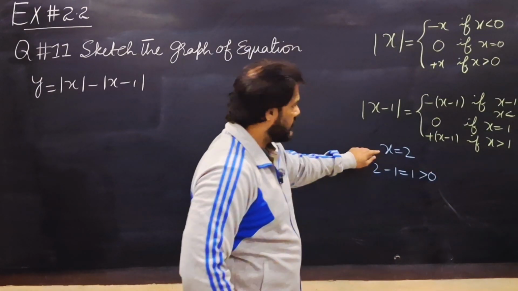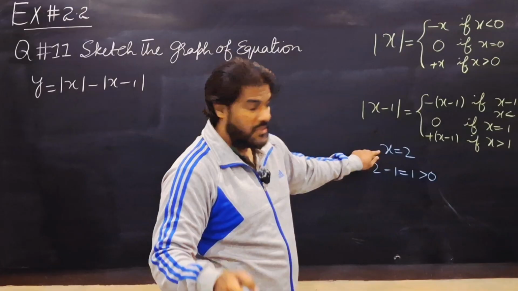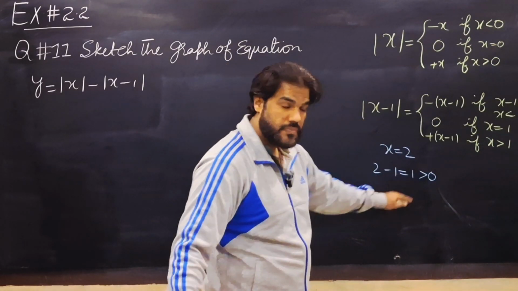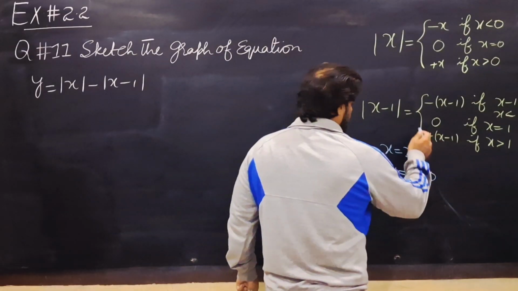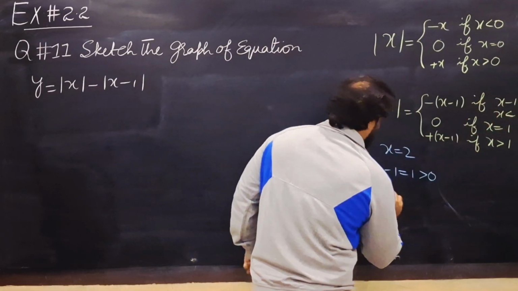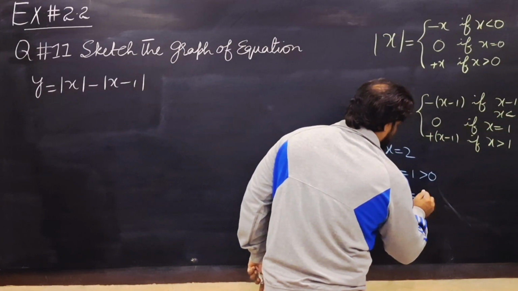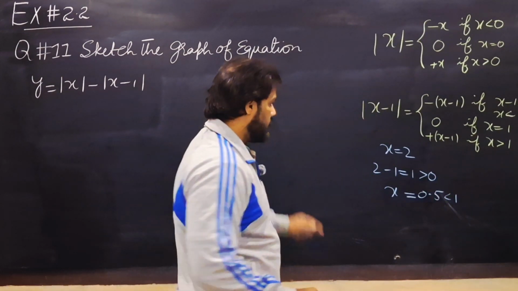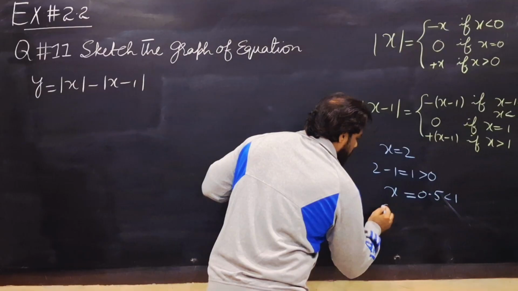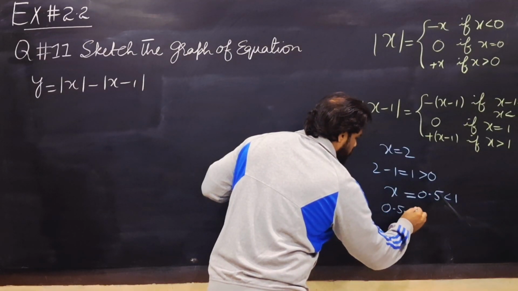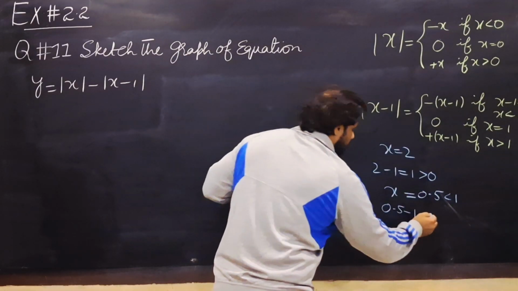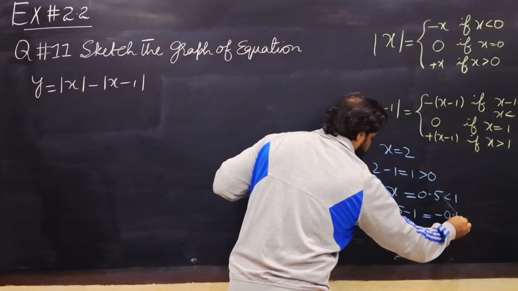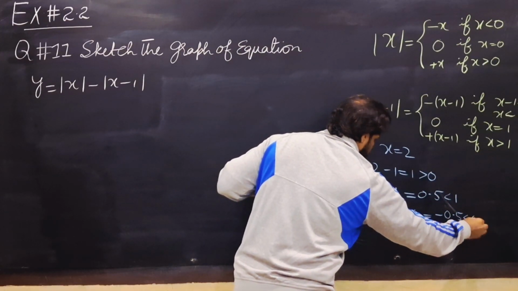So when you take x greater than 1, the number inside, x minus 1, is positive. If you take a number less than 1, suppose x is equal to 0.5, then x minus 1 becomes 0.5 minus 1, which is minus 0.5, that is less than 0.